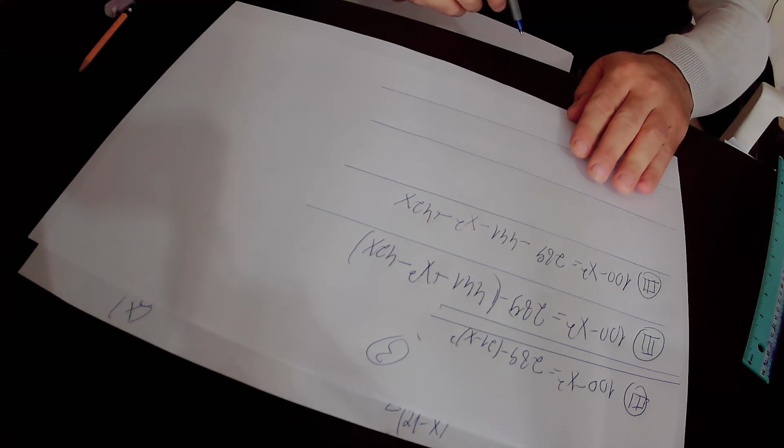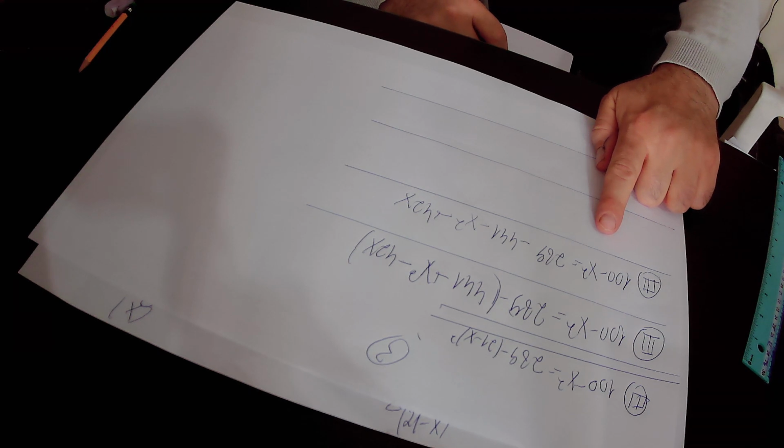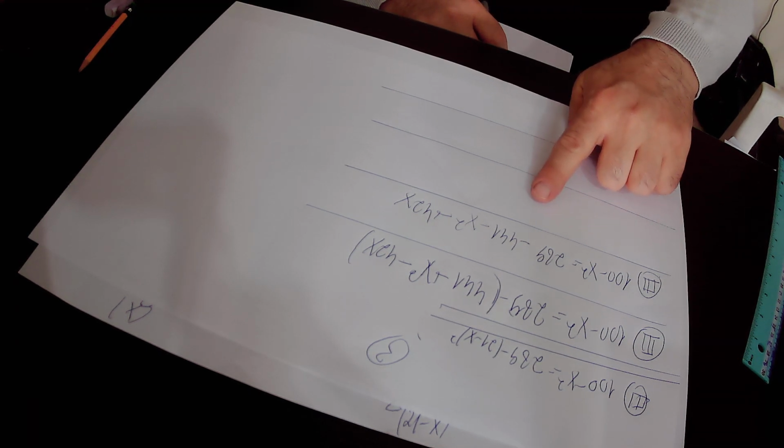So according to equation 3, 100 minus x squared equals 289 minus 441 minus x squared plus 42x.